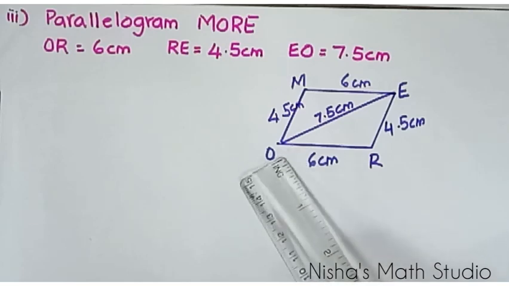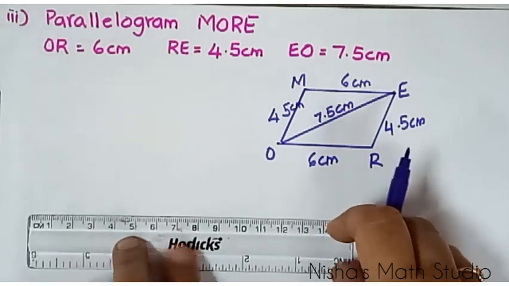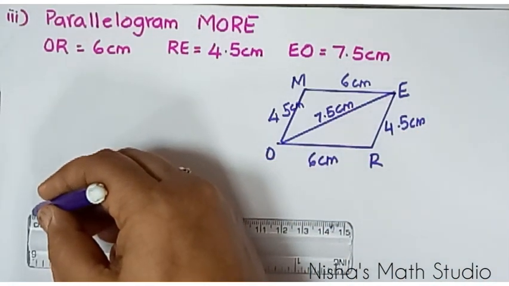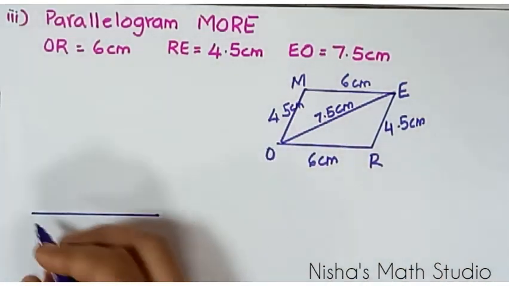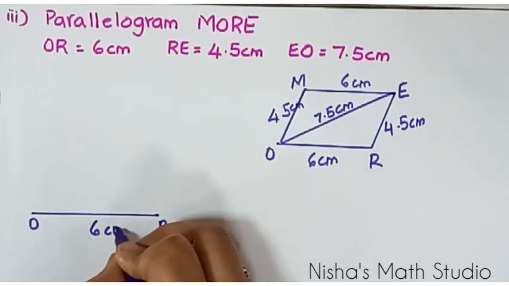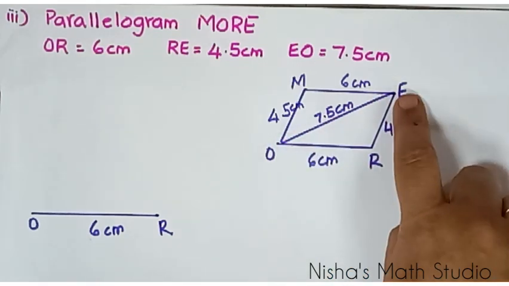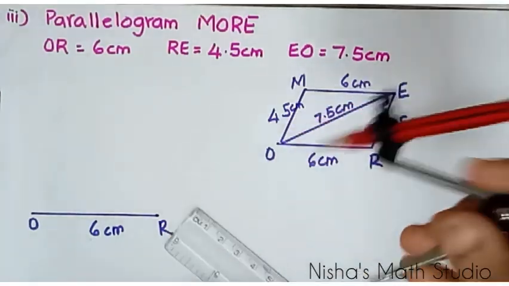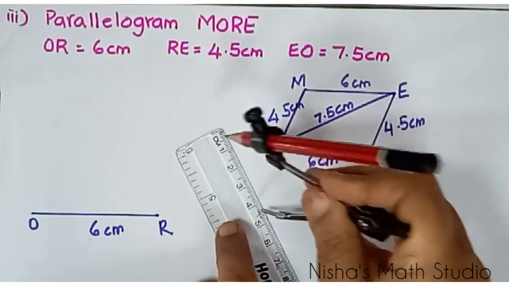First we'll begin with the base which is equal to 6 cm. Draw a line segment of 6 cm. What is the name given here? OR, 6 cm. Now we'll draw this triangle. This side is 7.5, this is 4.5. So using the compass and the scale, adjust the arc to 4.5 cm.